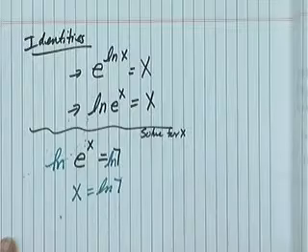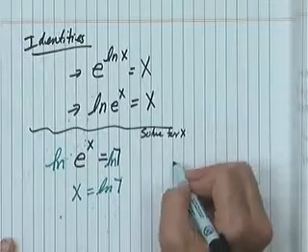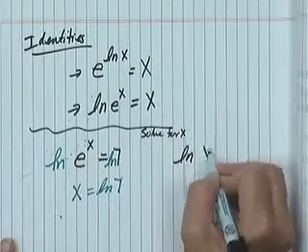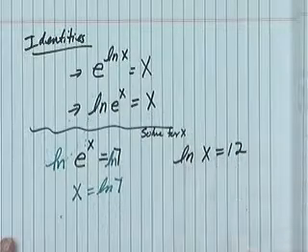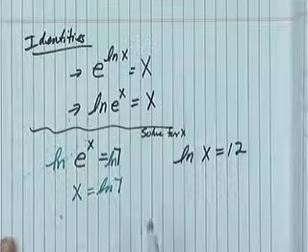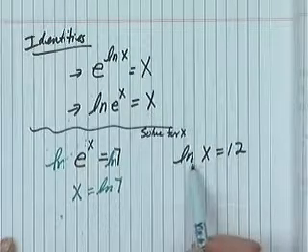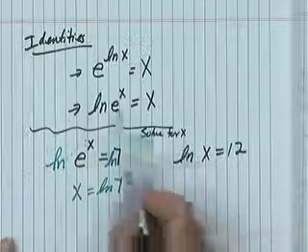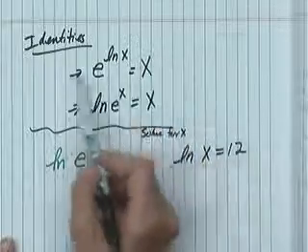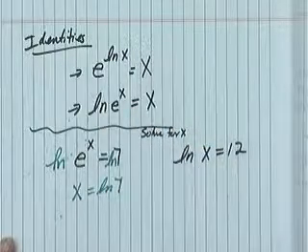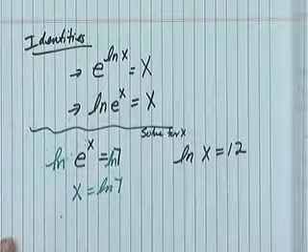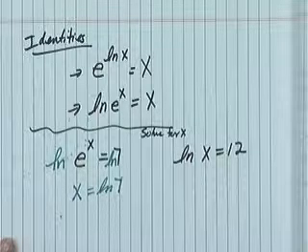Or you had a problem that looked like this: the natural log of x equals 12. When the x was part of the argument of the log, to get rid of the log, we call it exponentiate both sides, but I haven't seen that in any precise encyclopedia of mathematical vocabulary.